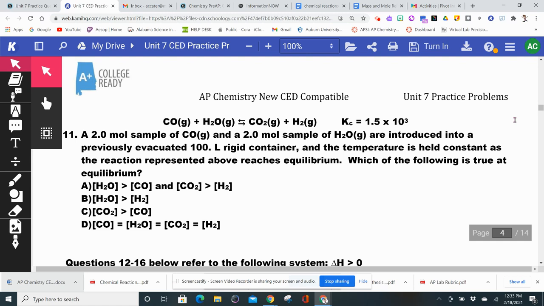So if it's proceeding to the right, then you will be making CO2 and H2. If we're using process of elimination, I would definitely cross out D, because at equilibrium does not necessarily mean they are all going to have an equal concentration. That won't happen.